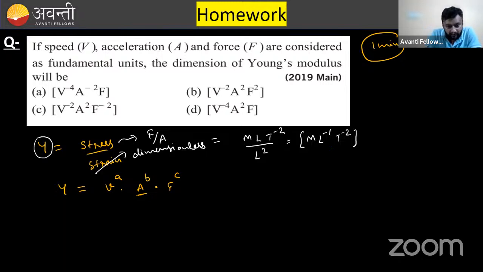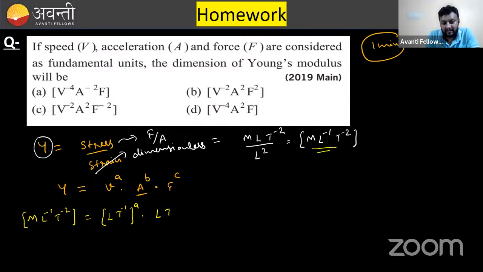So I am writing the dimension of each part here. Whenever I write Y, I have calculated the dimension of Y, that is M L minus 1 T minus 2. Velocity is L T minus 1 raised to the power a. This is not area, this is acceleration.